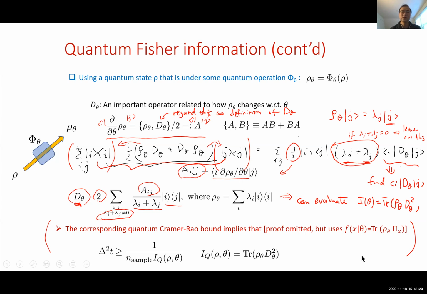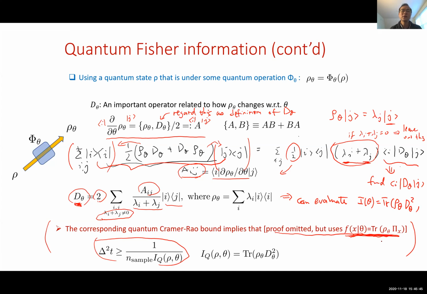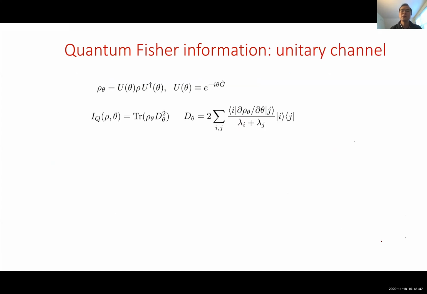I did not provide the proof because it requires you to really go through the rigorous defining of the distribution function and going through some inequality, but I will not go through the proof in detail here. I think I might have cited the paper where you could check out the proof.